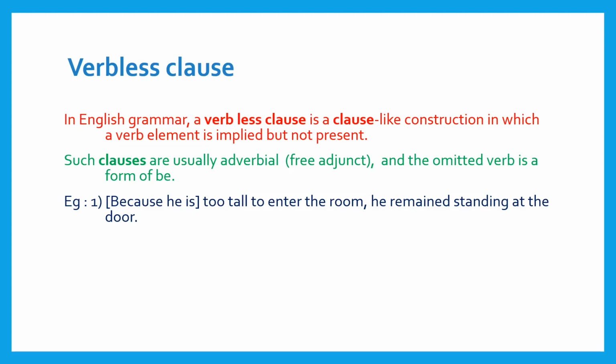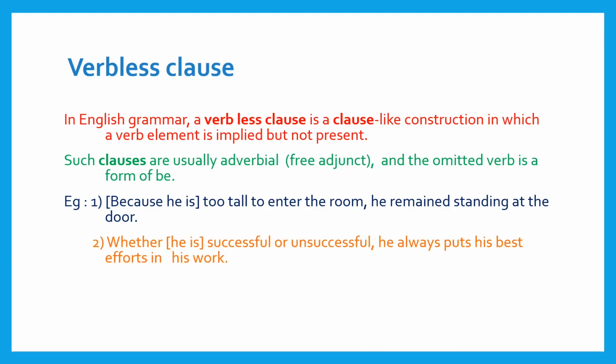But actually the sentence is, because he is too tall to enter the room, he remained standing at the door. So the omitted verb is the verbless clause here. And here are a few other examples which I have added.